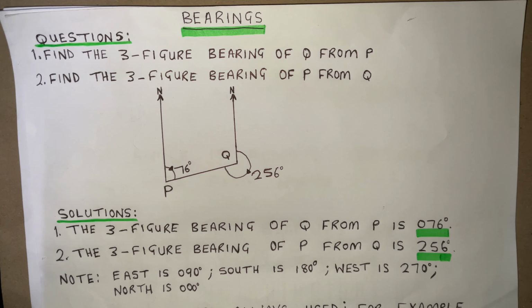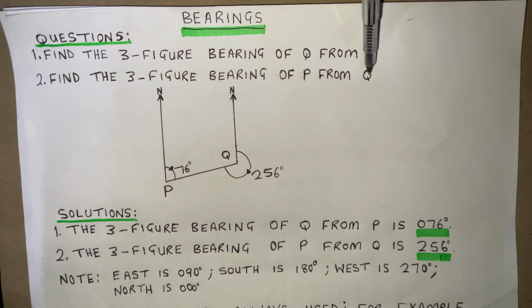As I said earlier, if you measure an angle and find it less than 100 degrees, you must prefix it with a 0. Okay.